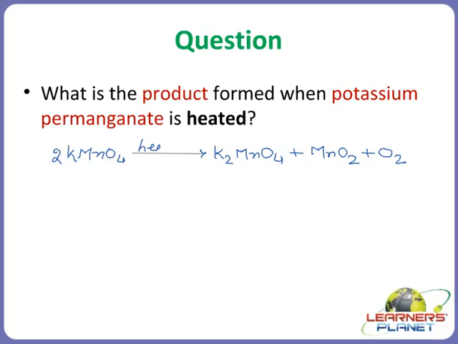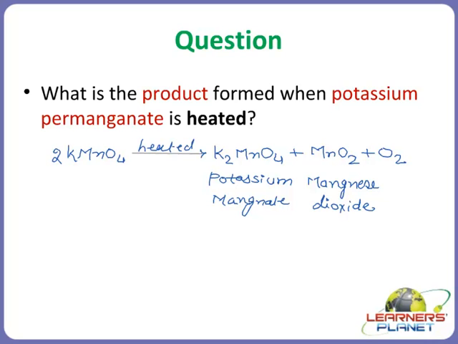When heated, we will get K2MnO4. K2MnO4 is potassium manganate. MnO2 is manganese dioxide.